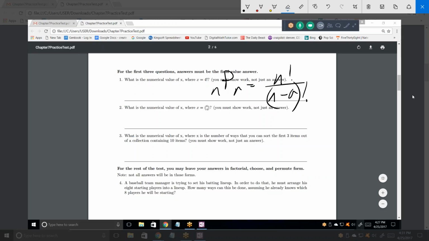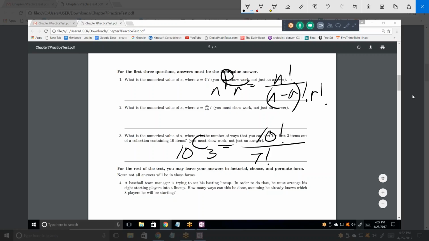So would it be 10 choose 3? Yeah, exactly. 10 choose 3. Which is 10 factorial over 10 factorial minus 3. Wait, no. It's 10 factorial over 7 factorial?